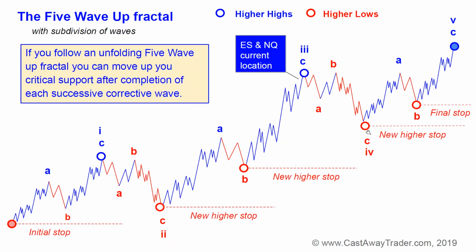That becomes our critical stop for our long position. And finally, we get that final push A up, B down, C up, and that B down becomes our final stop.